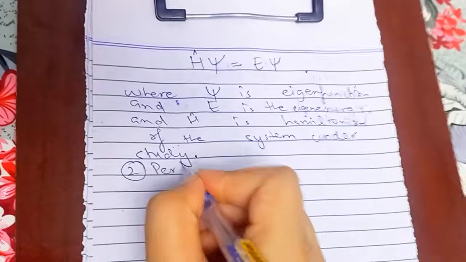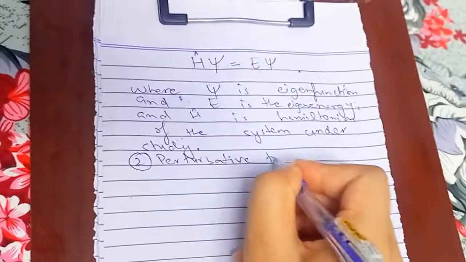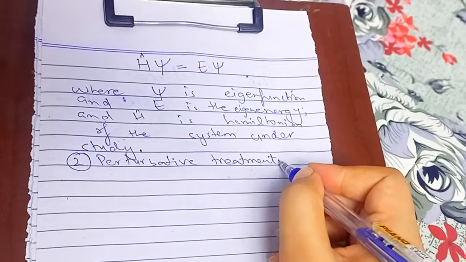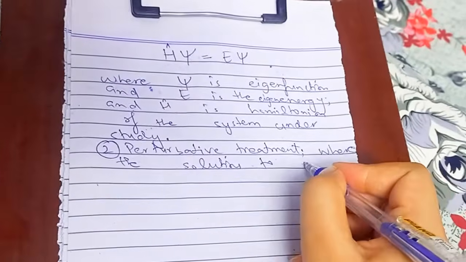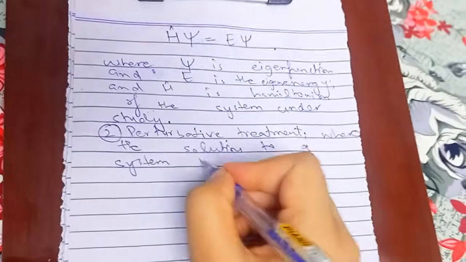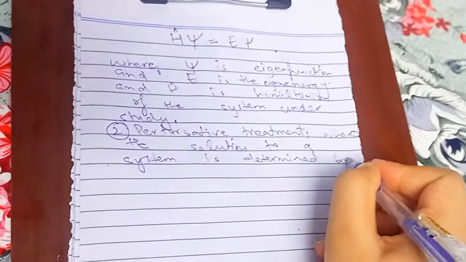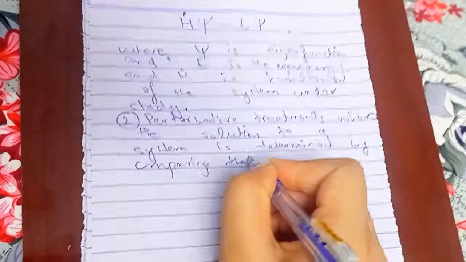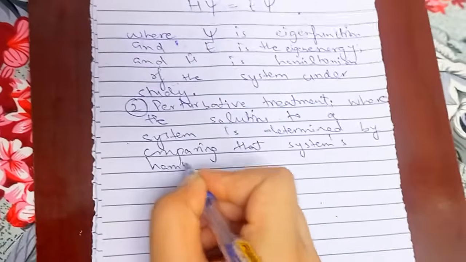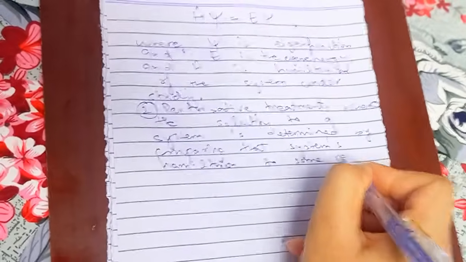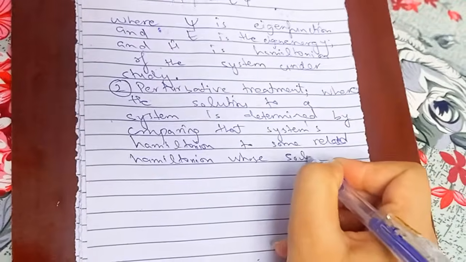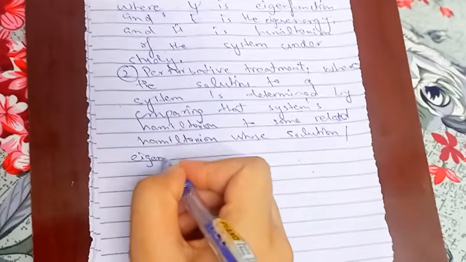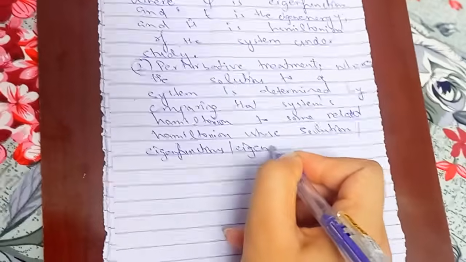The second method is perturbation theory, the perturbative treatment, where the solutions to a system are determined by comparing that system's Hamiltonian to some related Hamiltonian whose solutions, eigenfunctions and eigenenergies, are already known.